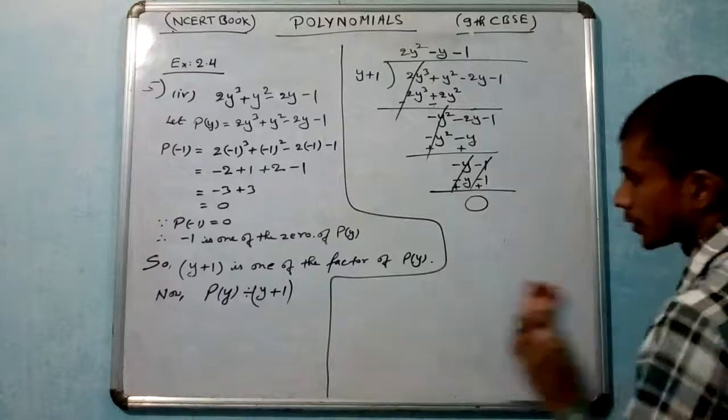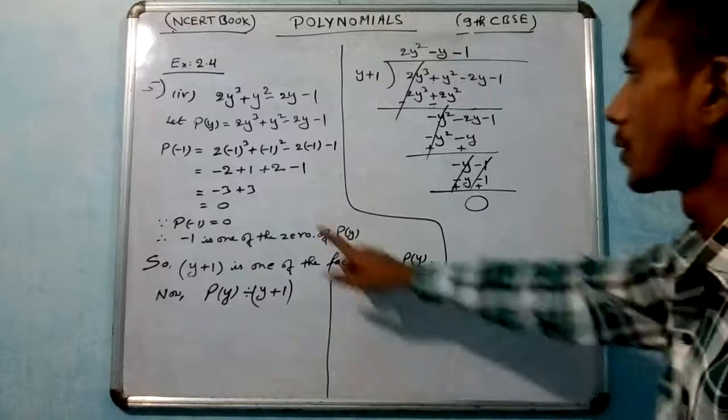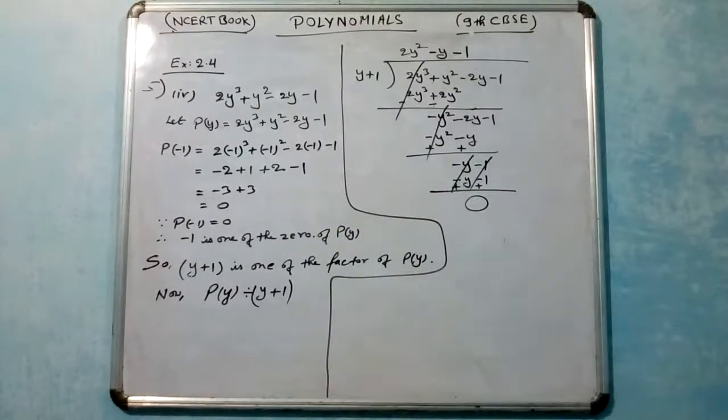Division done. Then the last step. Copy it fast, properly copy it.